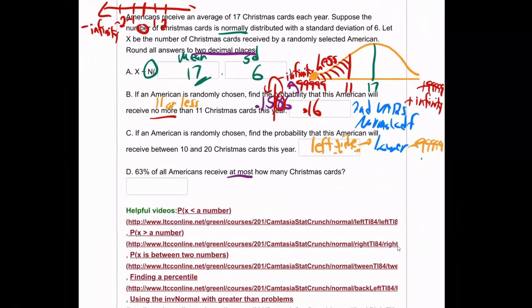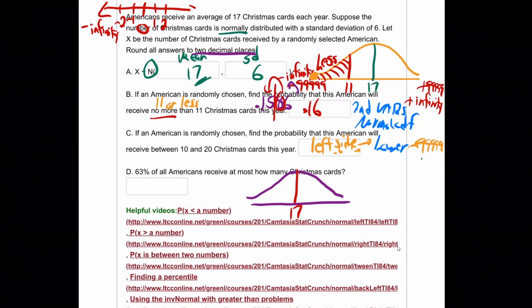So what does at most mean? At most means, well, here, let me draw it. Bell curve. If I can squeeze it in here. And I'll put the middle, which in the middle is 17. Okay, 63% of all Americans receive at most how many Christmas cards?